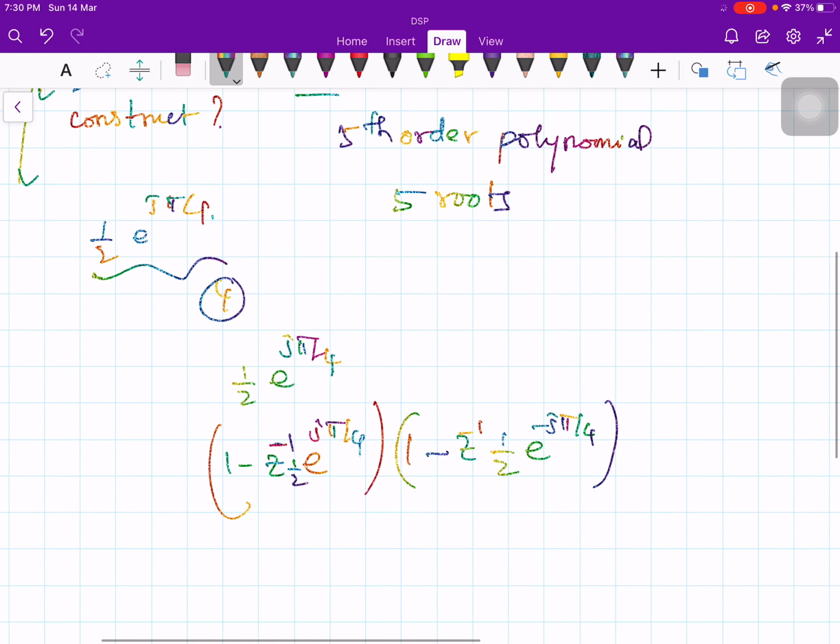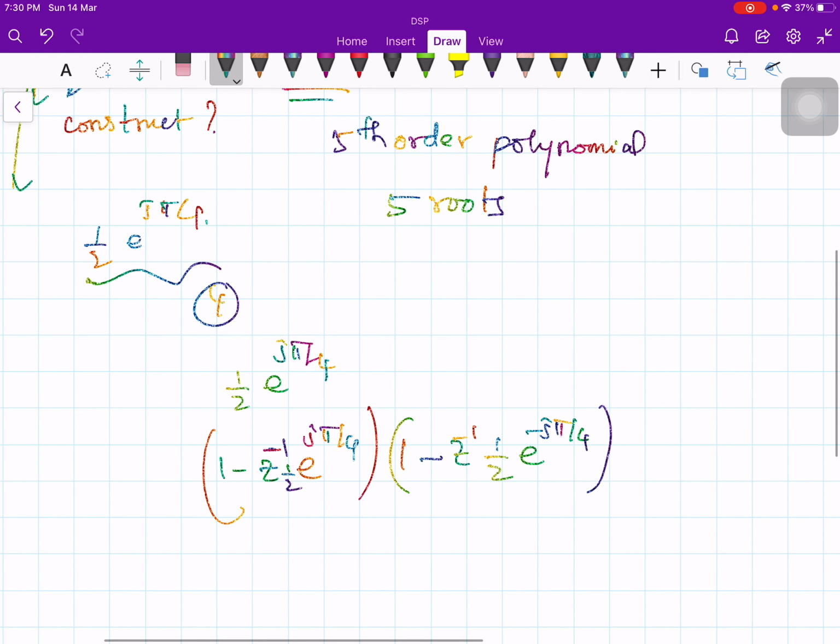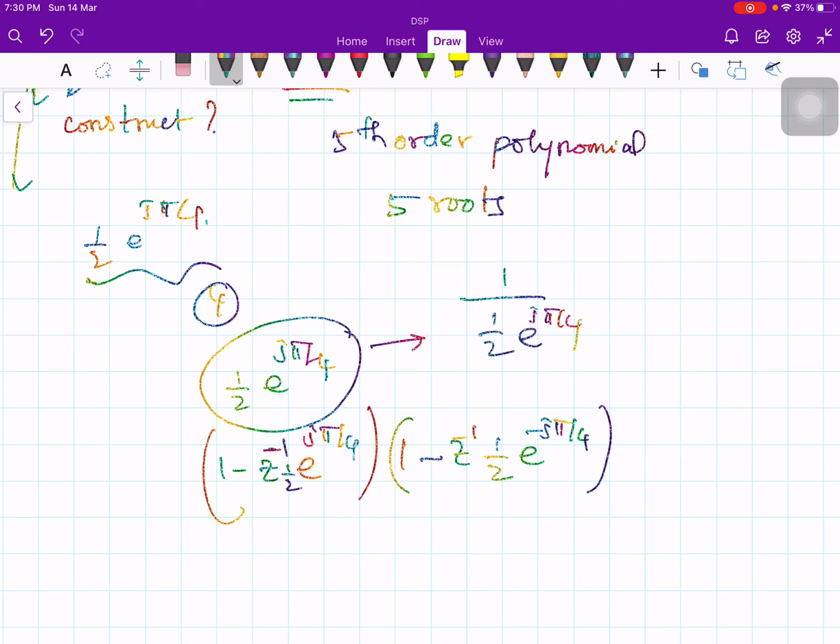Then, as I said, the zeros occur in reciprocals, isn't it? So what is the reciprocal of this? 1 by 2 becomes 2, e to the j pi by 4 becomes e to the minus j pi by 4. Therefore the next factor is 1 minus z inverse times 2 e to the minus j pi by 4.